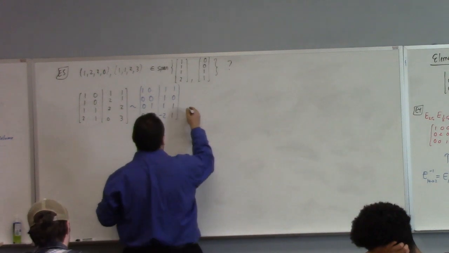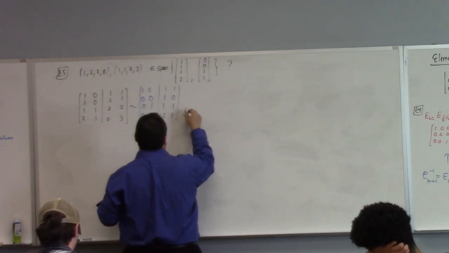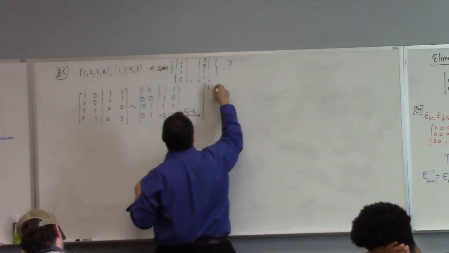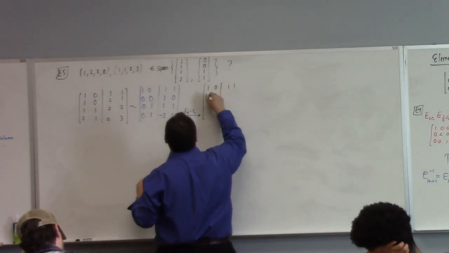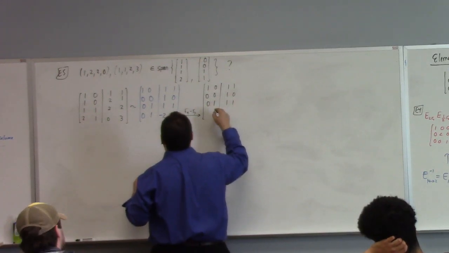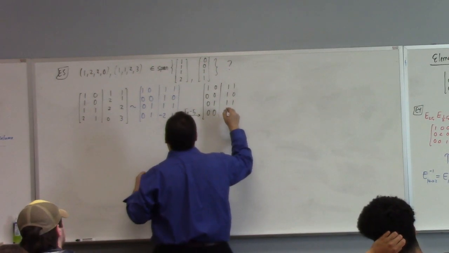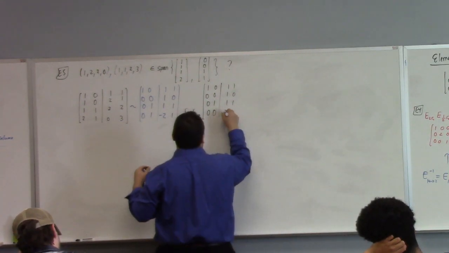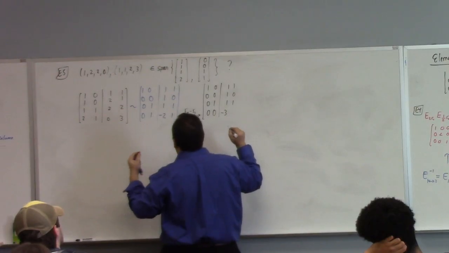And then I'll do row 4 minus row 3. Minus a 3.